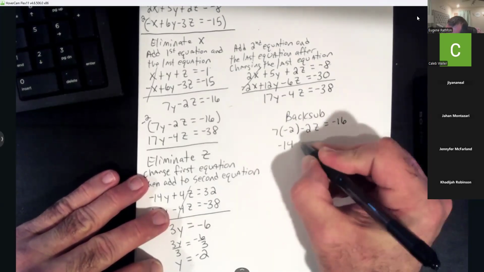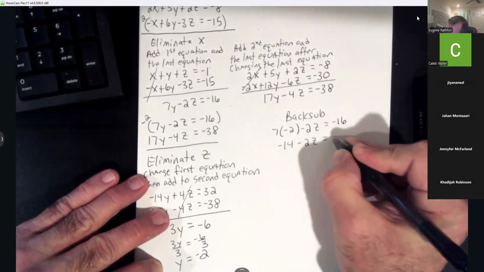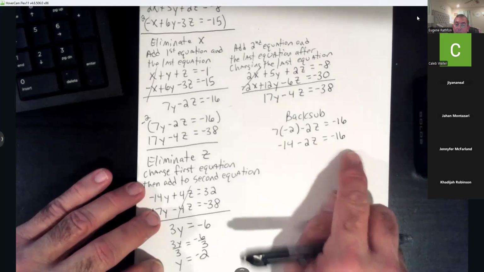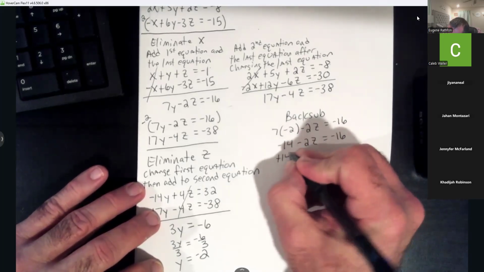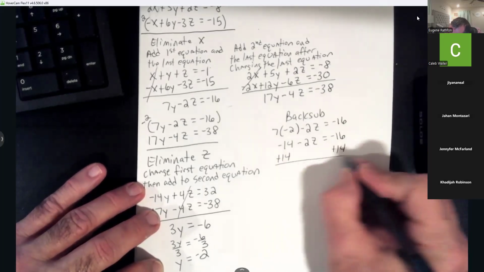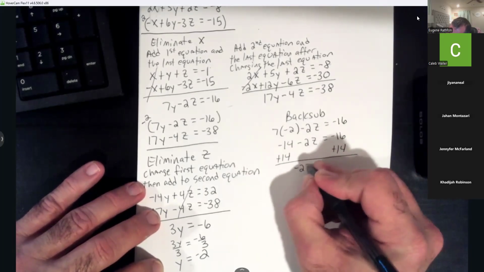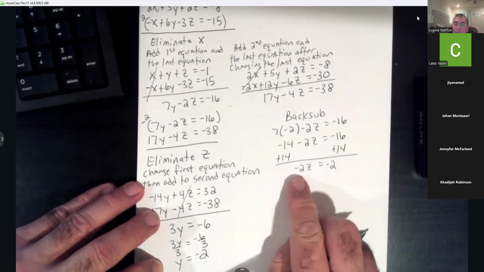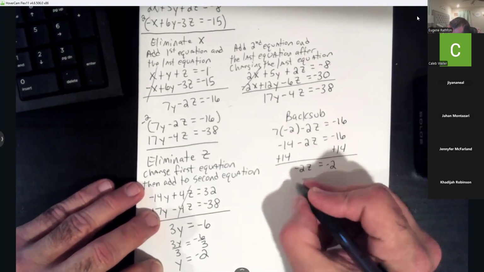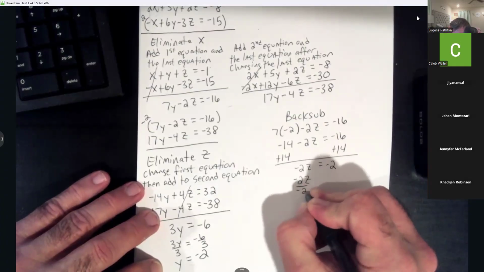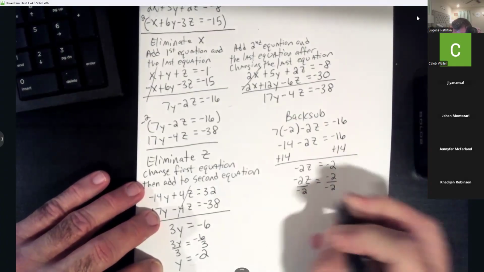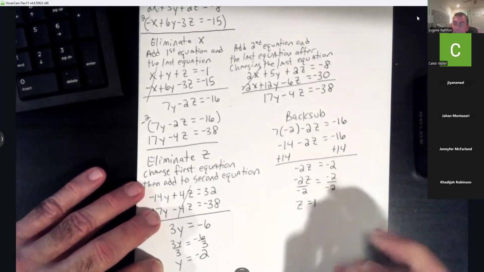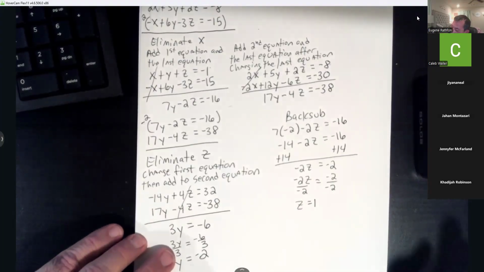That gives you negative 14 minus 2z is negative 16. Now we're solving for z, so let's add 14. That cancels. I got this negative 2z. Negative 16 plus 14 is negative 2. So now divide by negative 2 and see what z equals. Negative divided by negative makes everything positive. So z is now a positive 1.